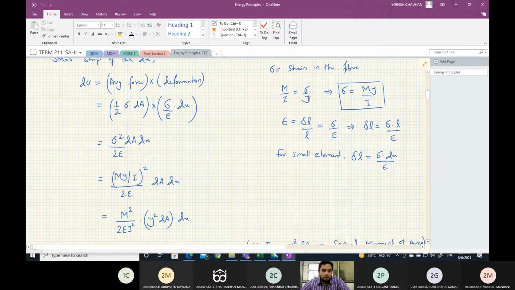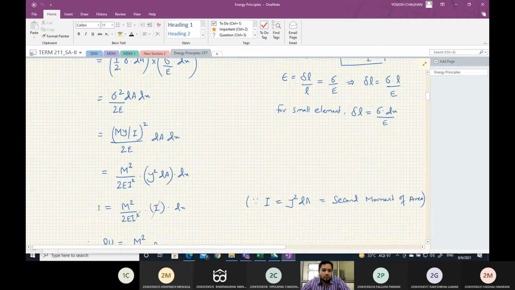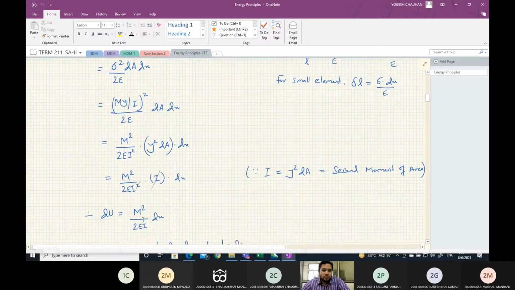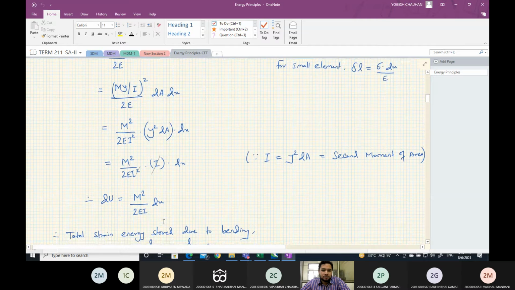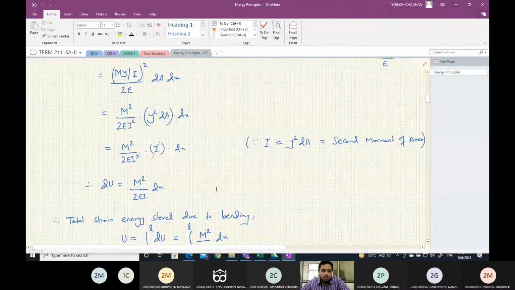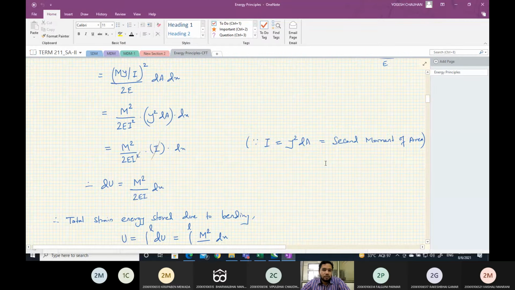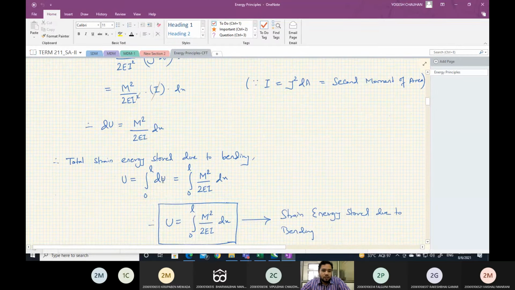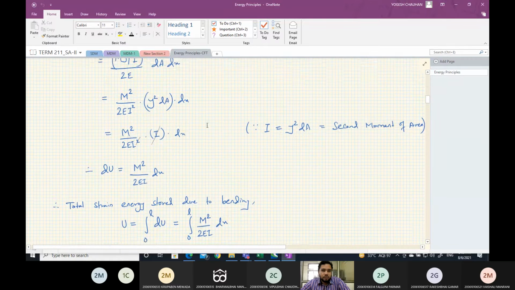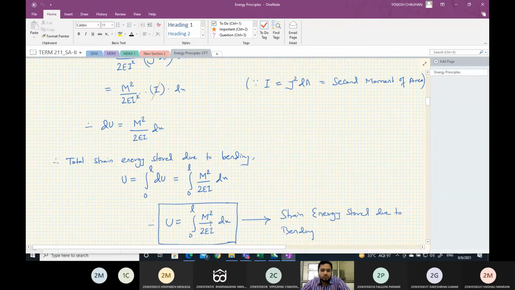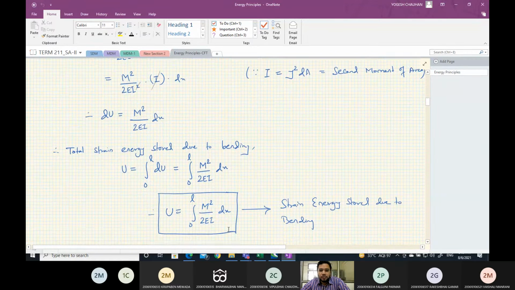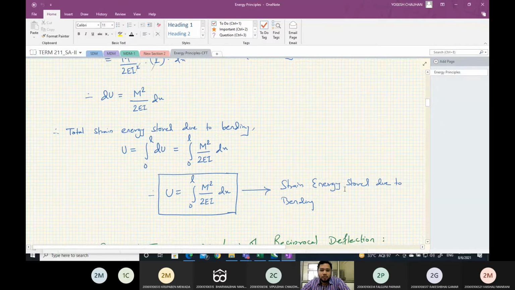Now, from the bending moment equation, you can replace sigma by My by I. So you will have dU equals M square by 2EI dx, where we are replacing y square dA with I, the second moment of inertia. Integrating this over the entire length of the beam, you will have U equals integral from 0 to L of M square by 2EI dx. That is the strain energy stored due to bending.